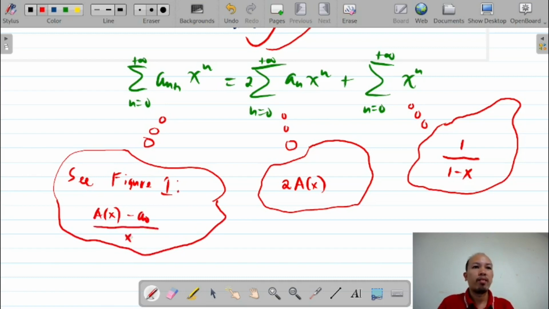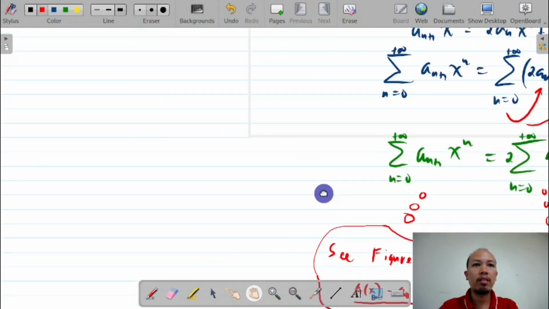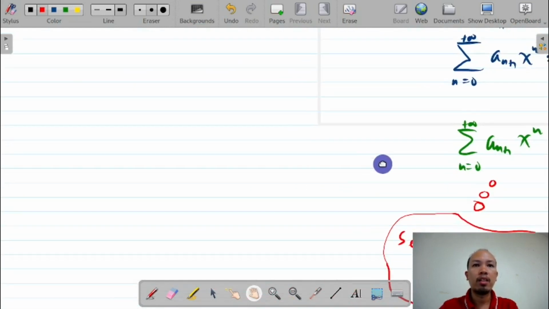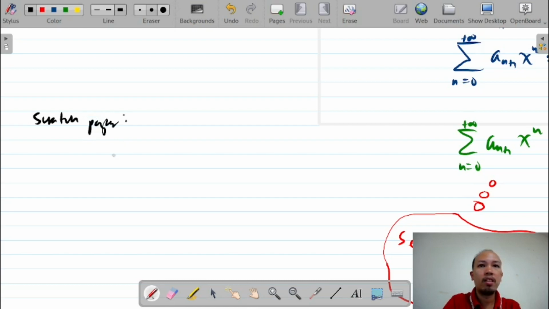Okay, but what if you will not believe it? Okay, so let's try to expand this one. Let's use a scratch paper somewhere here. So let's expand summation of a sub n plus 1 x to the n, and starts from 0 to positive infinity. This is a sub 0.